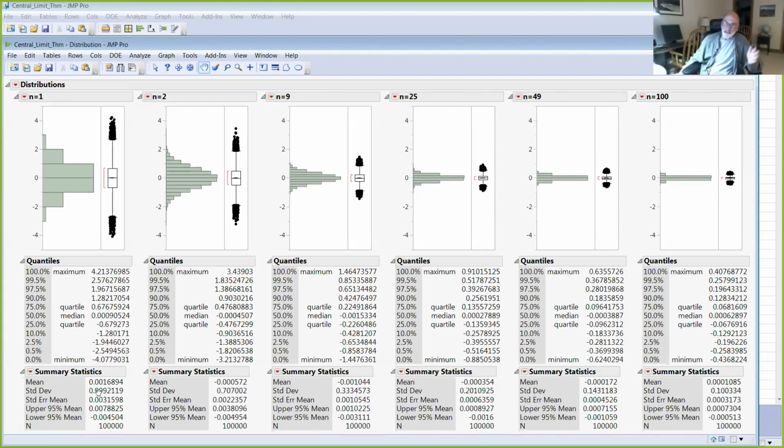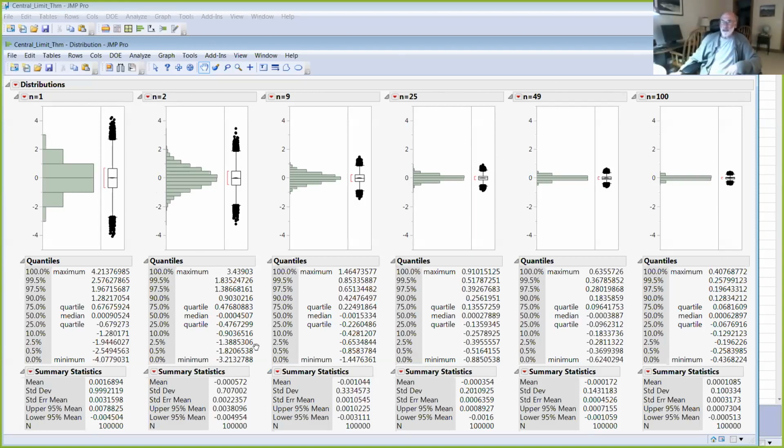So the means are essentially very close to 0 all the way across the board. But look at the standard deviation. 1, essentially. Now it's 0.7, 0.71, 0.33, 0.2, 0.14, 0.1, getting smaller and smaller. That matches the picture where the distribution is getting narrower and narrower.